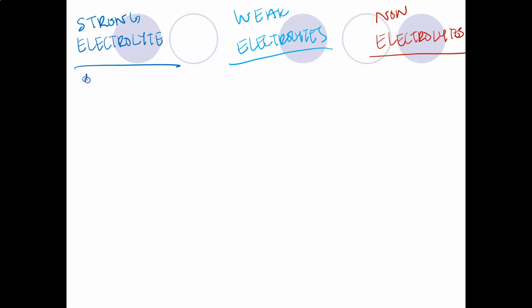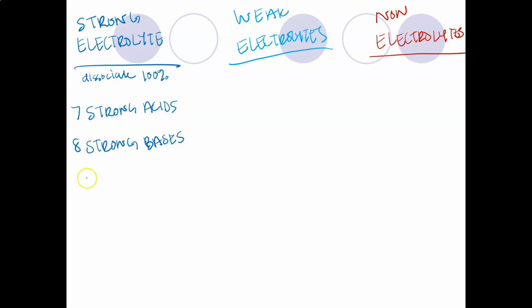So again, strong electrolytes dissociate 100%. All of them break into their ions. And those things are the 7 strong acids. Go back a couple slides to see what those are. The 8 strong bases. And the soluble ionic compounds, which I'm going to write after that, solubility rules.